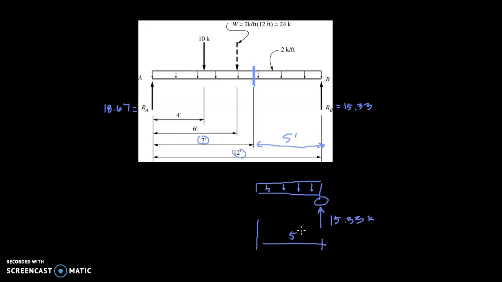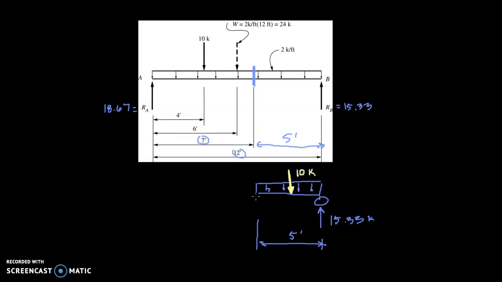So I've got a 5-foot span length, 2 kips per foot, so that's a total of 10 kips. So I can essentially replace the distributed load with one single point load that has a magnitude of 10 kips.